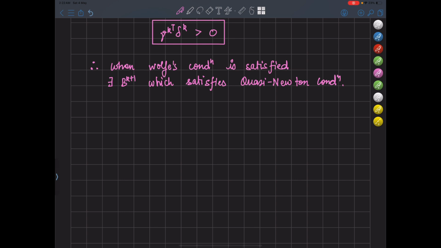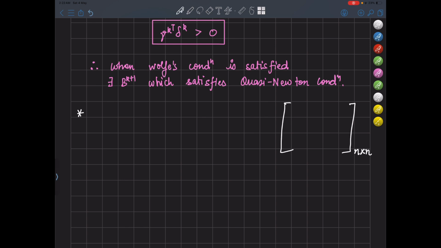Alright, so let's see how many variables there are. Let's analyze it a bit. Because bk is a symmetric matrix, how many variables will it have? Let's say this is an n cross n matrix.